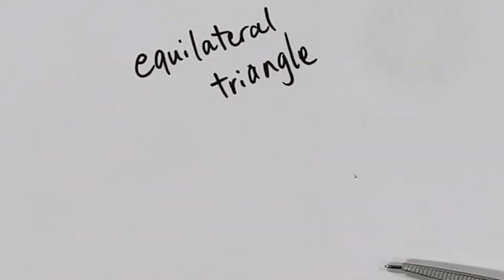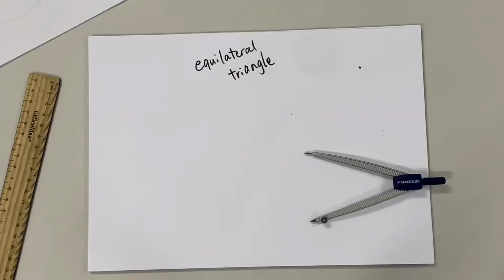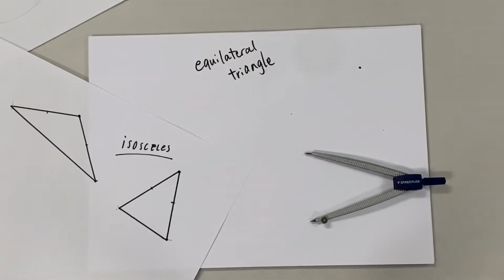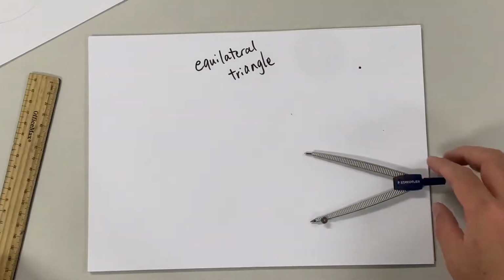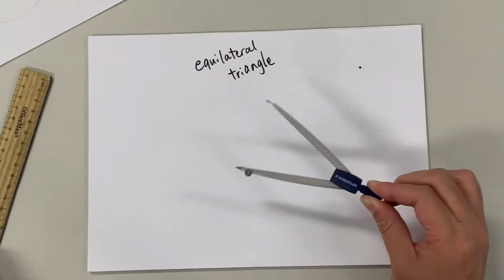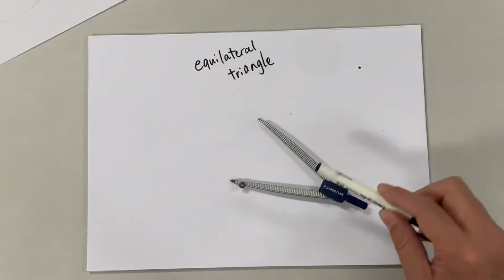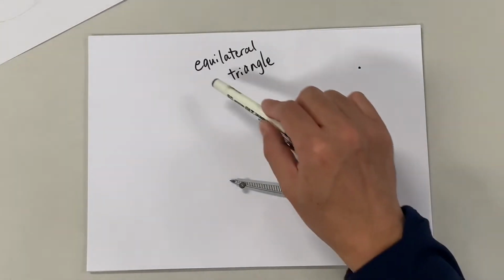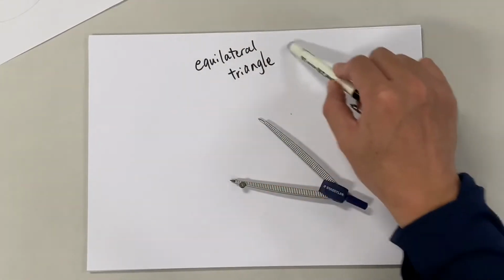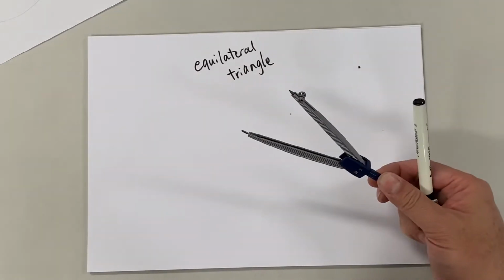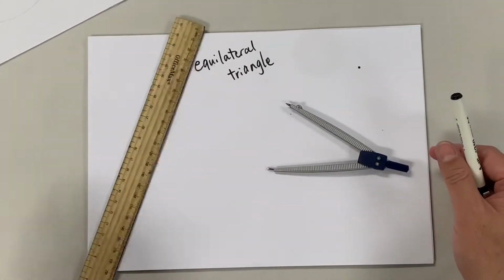How about an equilateral triangle? I can make isosceles. Can I make an equilateral triangle? So let's give it a shot. How about you pause the video, try to draw an equilateral triangle using a compass and a ruler.